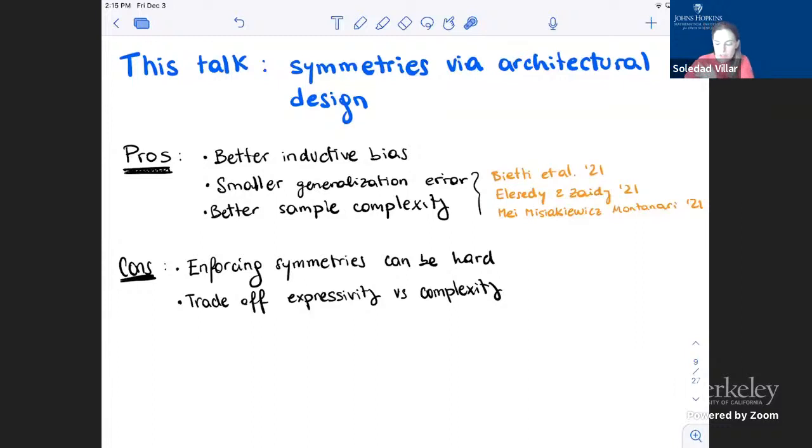I wanted to mention that there's some work in this direction, and I think this question is not completely answered yet, but there's some work by Mei, Misiakiewicz and Montanari from 2021, where they look at the random features model satisfying certain symmetries, and they have a generalization error in terms of the dimension of the space of functions divided by the dimension of the space of functions that satisfy the symmetries. Does that make sense?